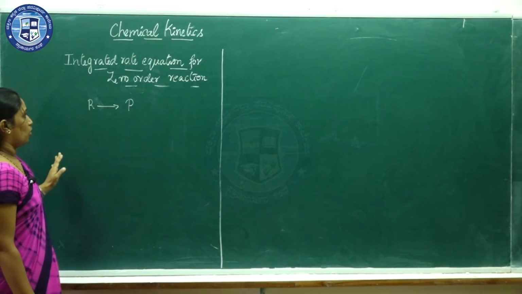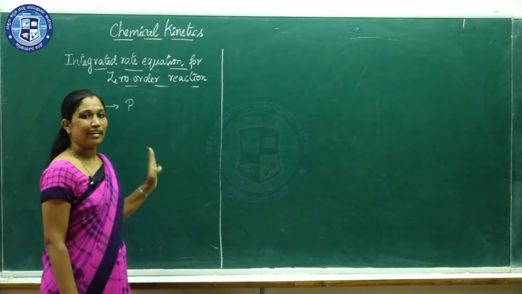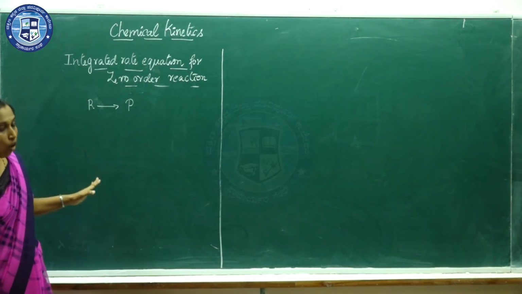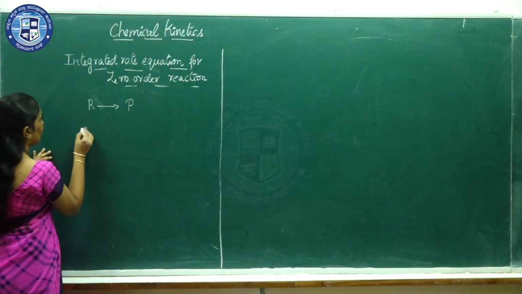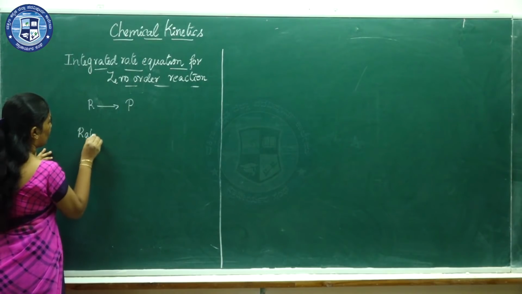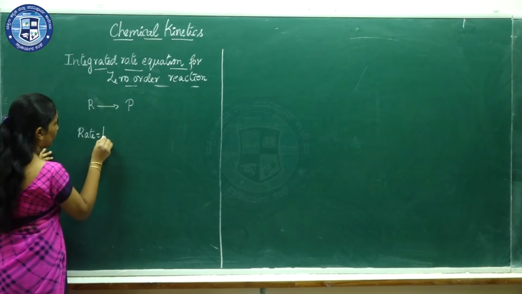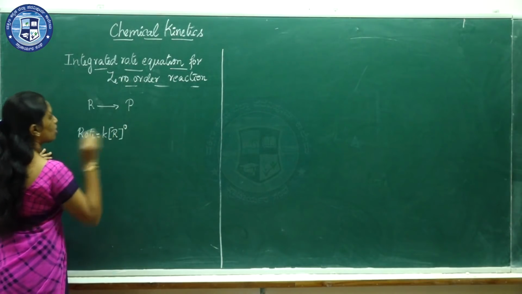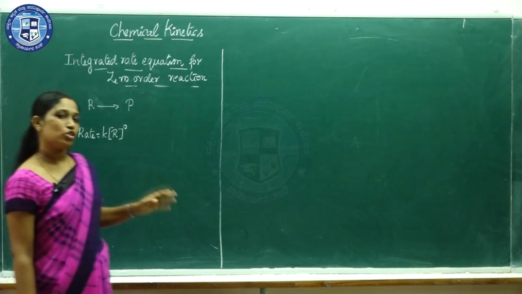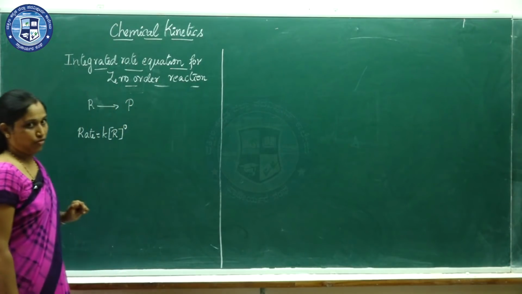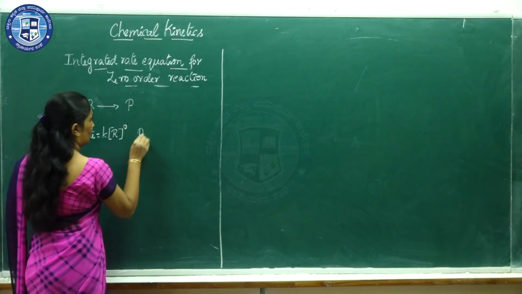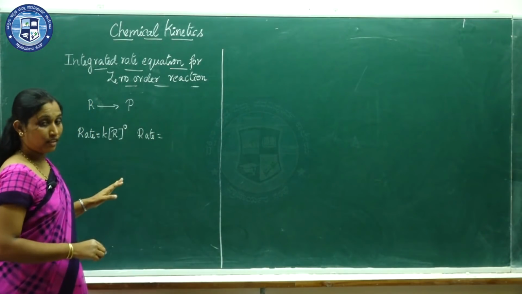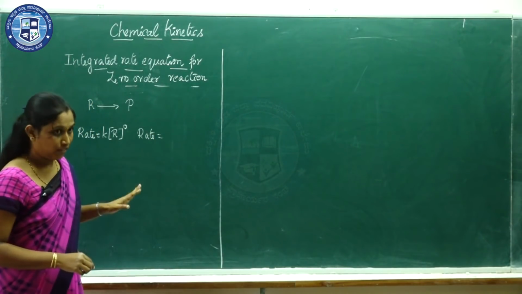Okay, so now we can write rate in two ways. One is by making use of the rate law. So how will you write that? Rate is equal to k into R raised to the power 0. You can also write it in the differential form. So how will you write that? Rate is equal to, while writing this you have to be very careful.